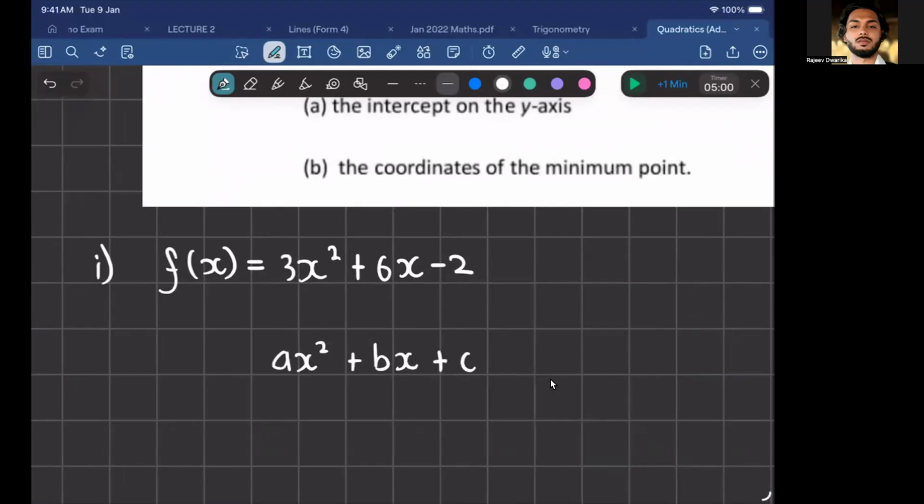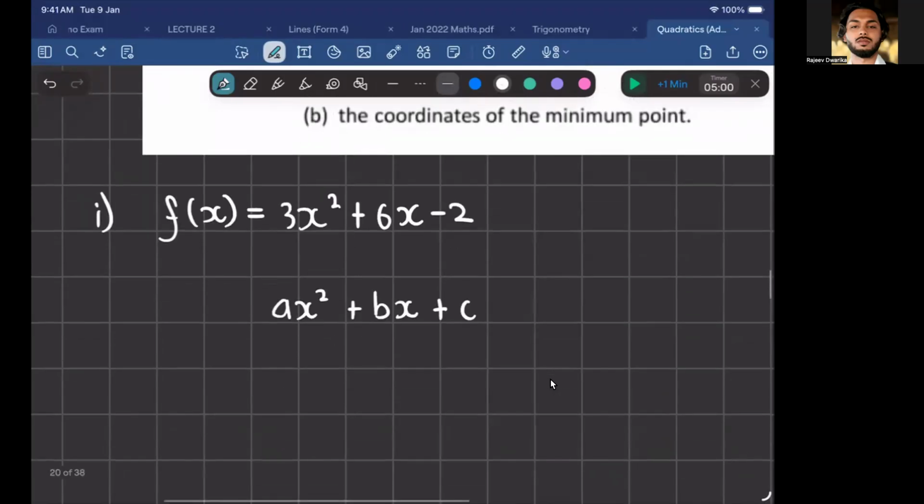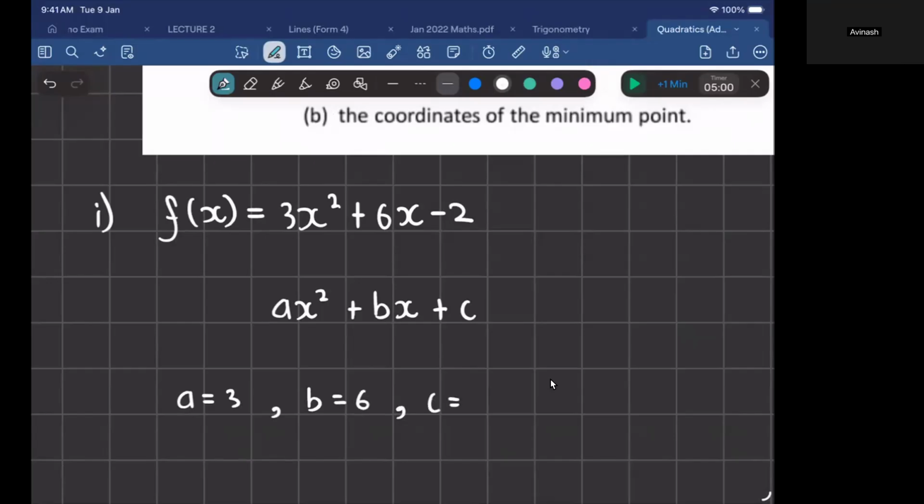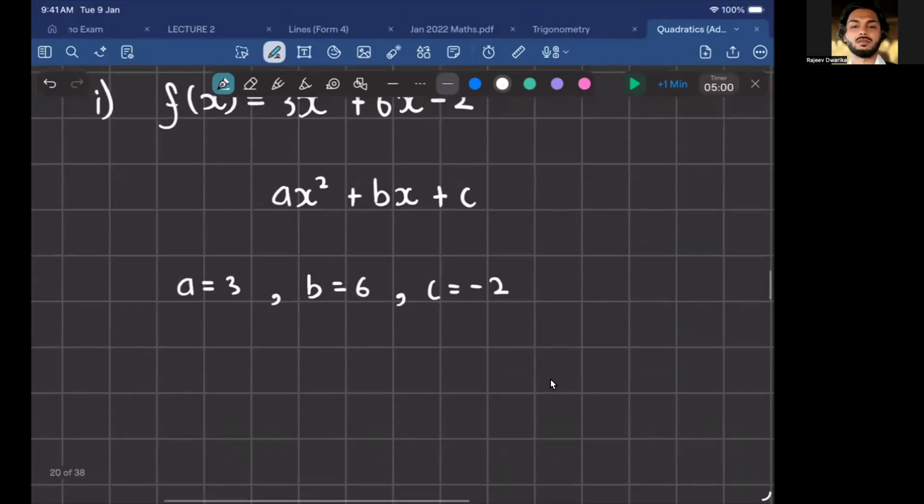It's always positive, never negative. Always positive, remember that. So, if this is the case, Avinash, tell me what a, b, and c would be. What would a be? 3, b would be equal to 6, and c is minus 2. Great.